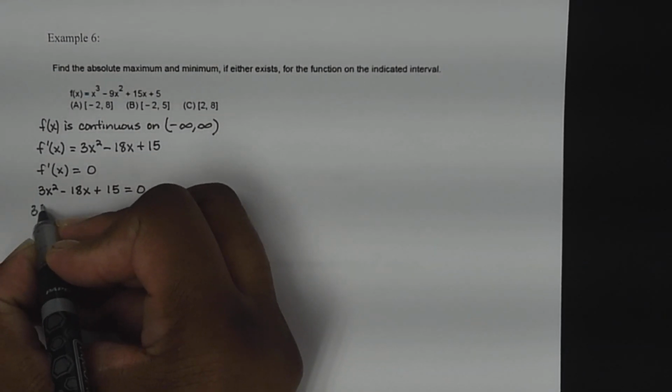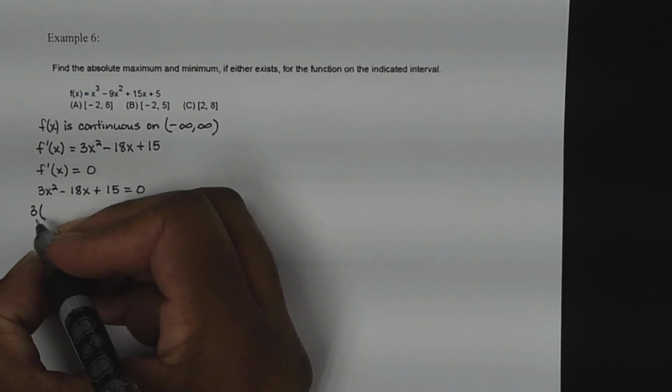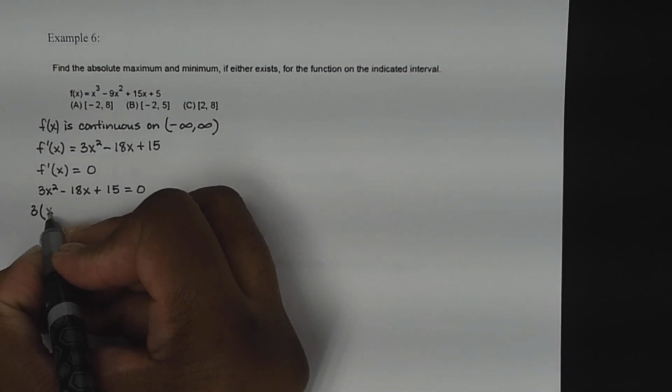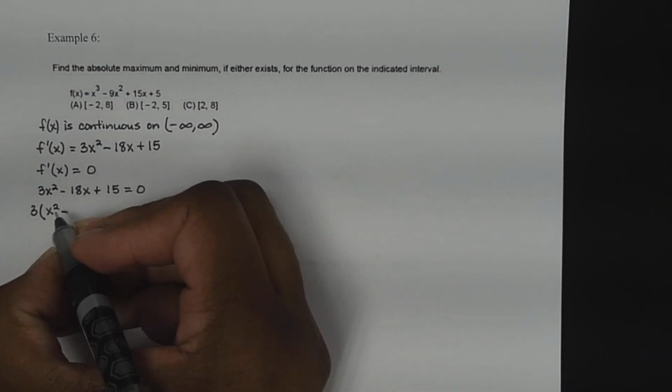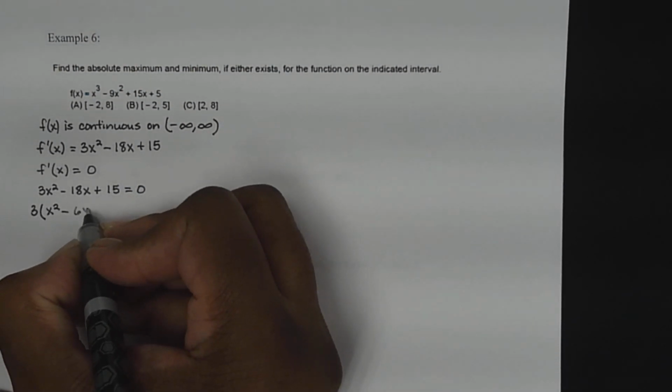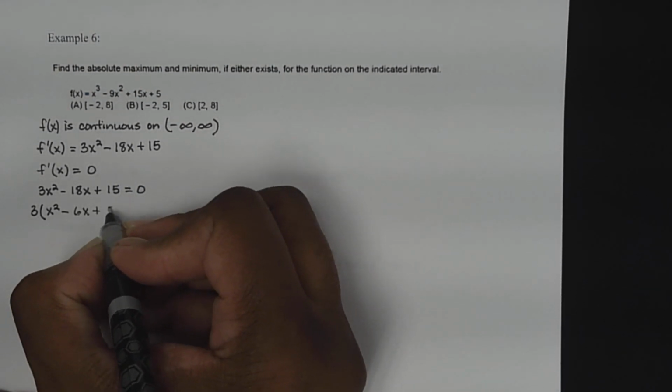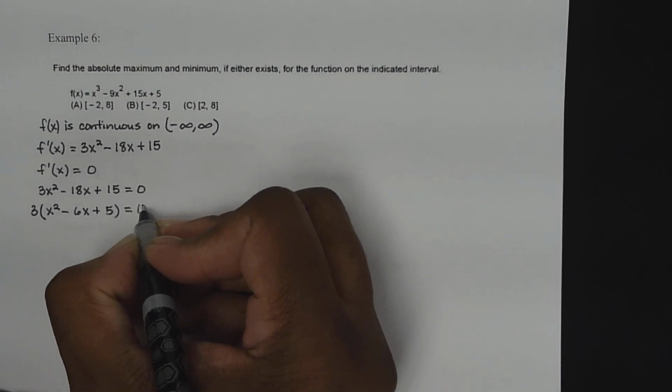If I factor out a 3, 3x squared divided by 3 is x squared, minus 18x divided by 3 is 6x, plus 15 divided by 3 is 5. So I have 3 times x squared minus 6x plus 5 equal to 0.